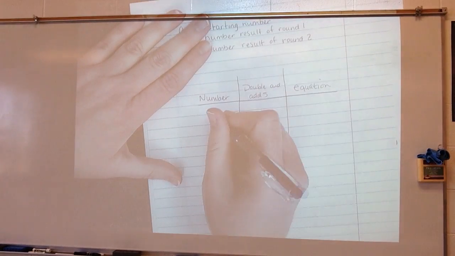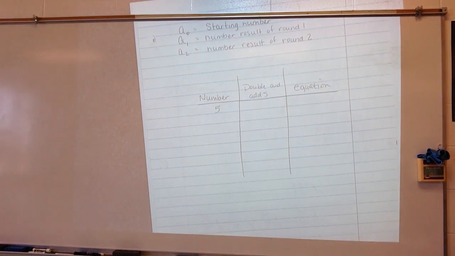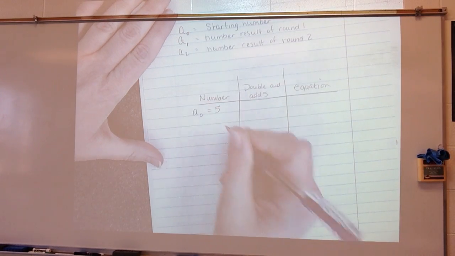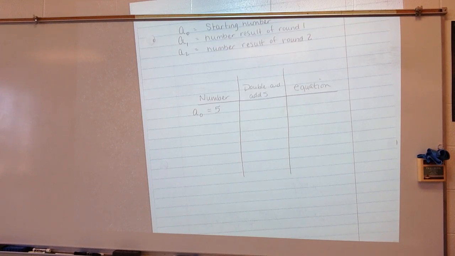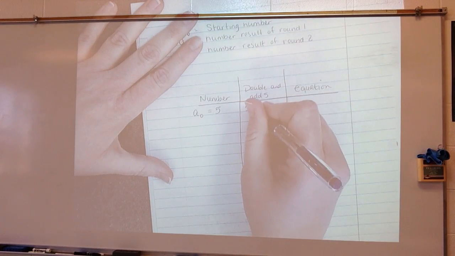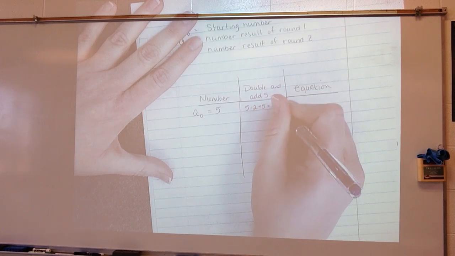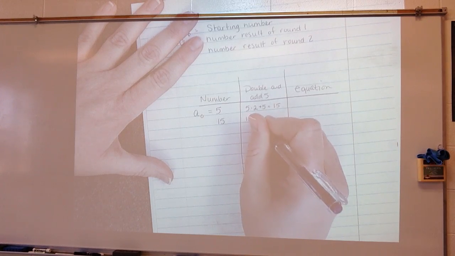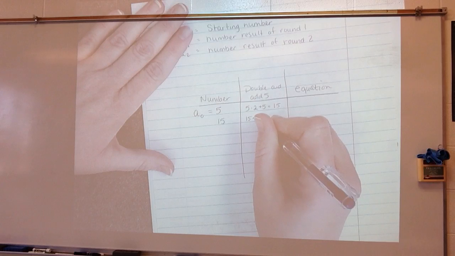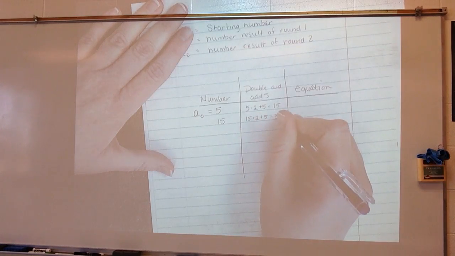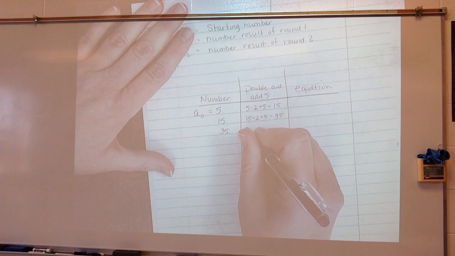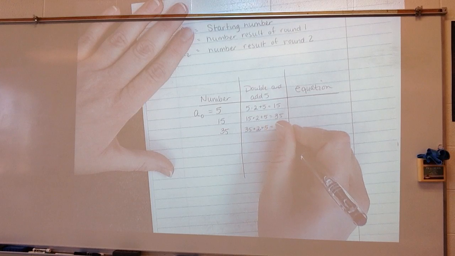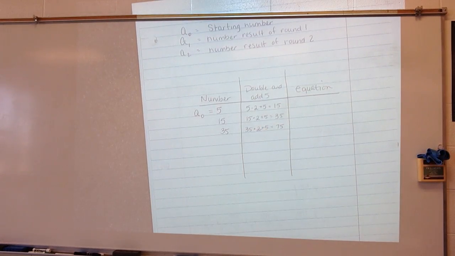So we'll do our starting number as 5. Now, how did we say we would label our starting number? That is A sub 0. So we do 5 times 2 is 10 plus 5 is 15. I'm just going to do a couple here. 15 times 2 is 30, plus 5 is 35. 35 times 2 is 70, plus 5 is 75. And we'll stop there for just a minute.